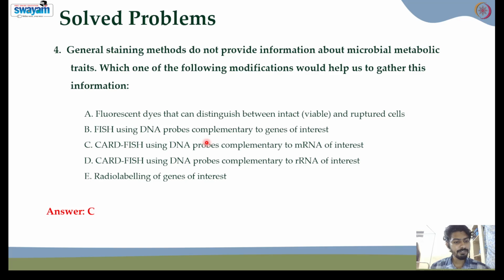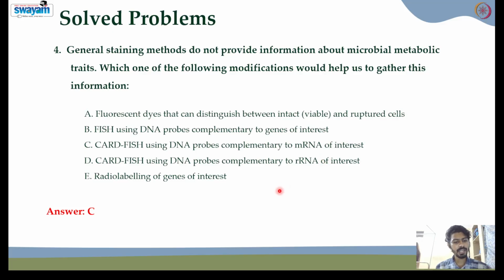So only FISH you cannot get information about the microbial traits, but with more advanced version, which is CODFISH, you can get the information out of it. And as we have seen, while detecting the rRNA, it can only tell us the taxonomic identification, that is phylogenetic identification, and not the microbial metabolic traits.